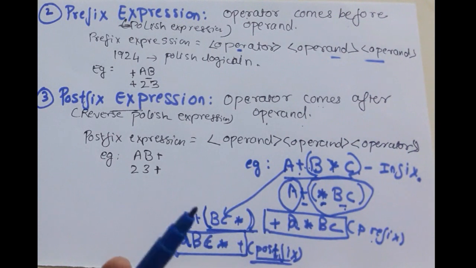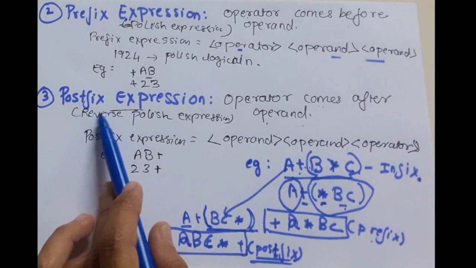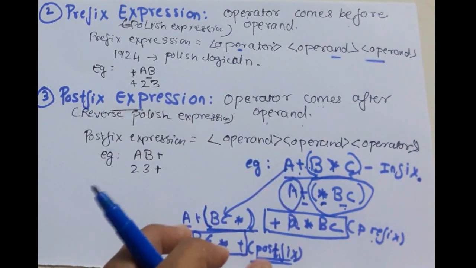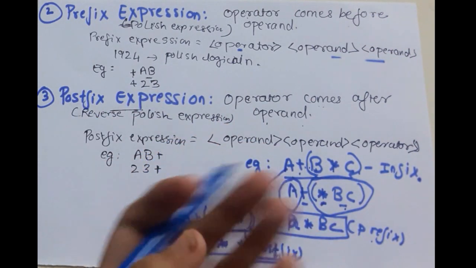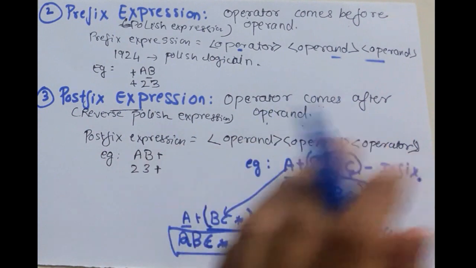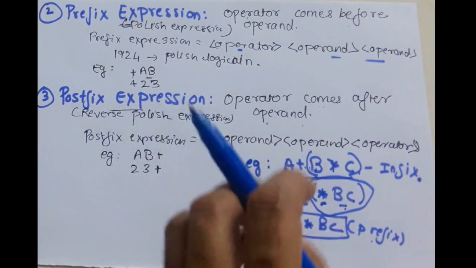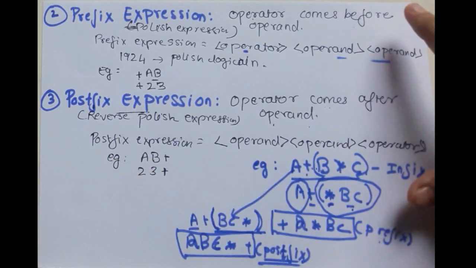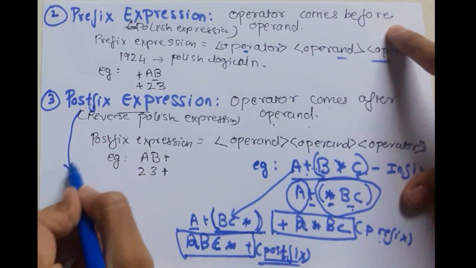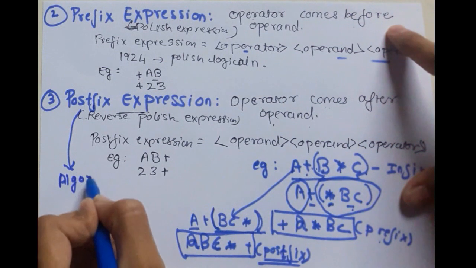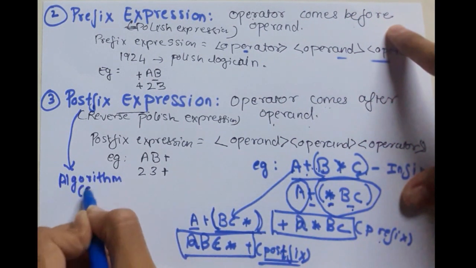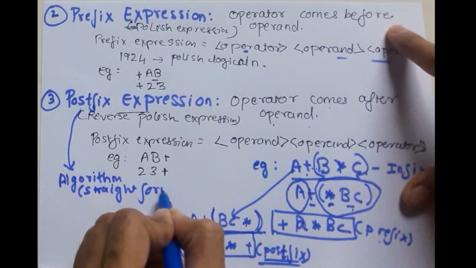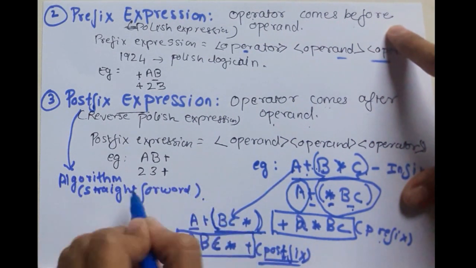Okay. And one more thing about postfix expression is that postfix expressions are easiest to parse and least costly in terms of time and memory. Even prefix expressions are least costly in terms of time and memory, but the algorithm of postfix expression is straightforward, so easy to follow.